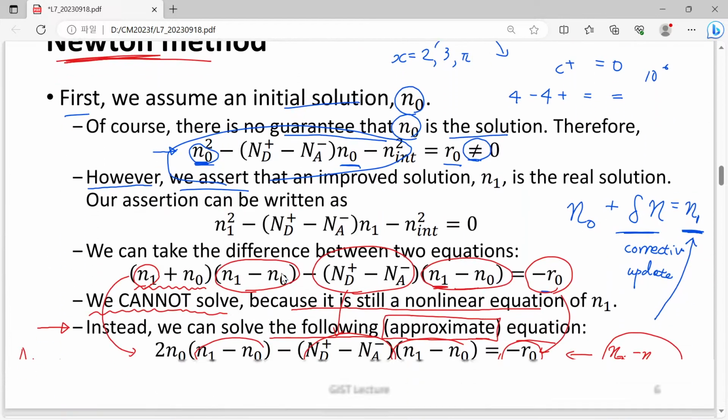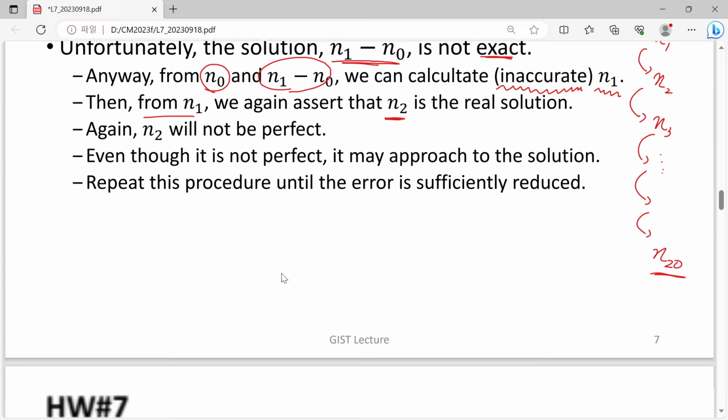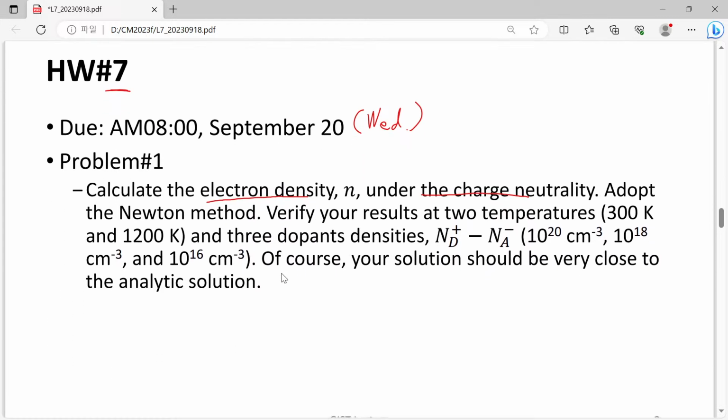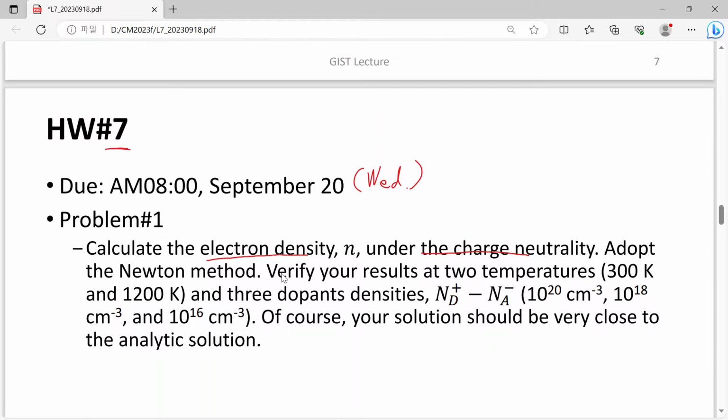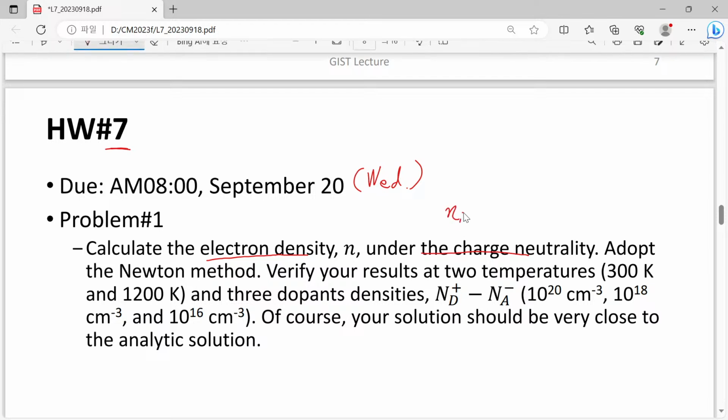So, in order to solve this equation, I have prepared one expression for you. Where can you find the expression for an intrinsic carrier?